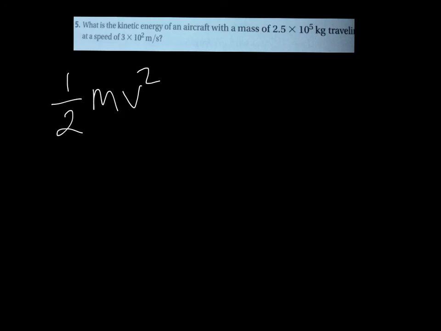And velocity is speed. So the kinetic energy is equal to 1/2 times the mass times velocity squared, which is the speed. Okay, so try and see if you can figure that out. All right, that's it.